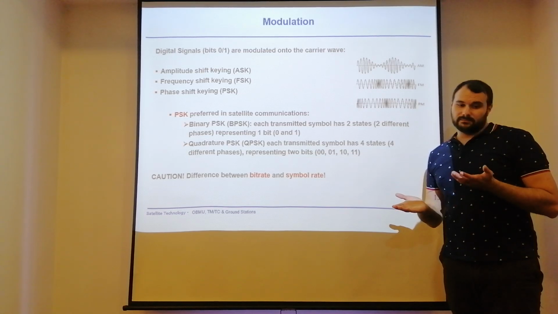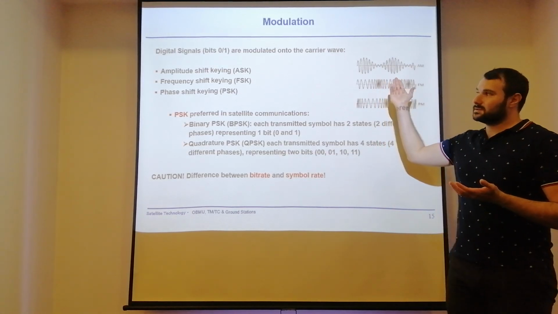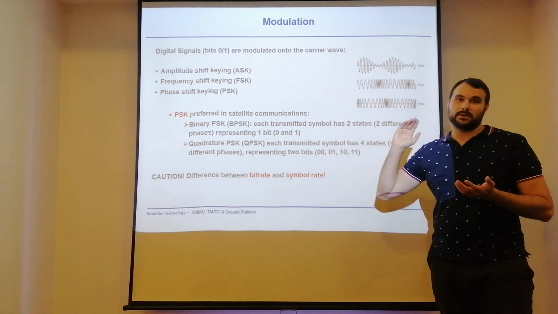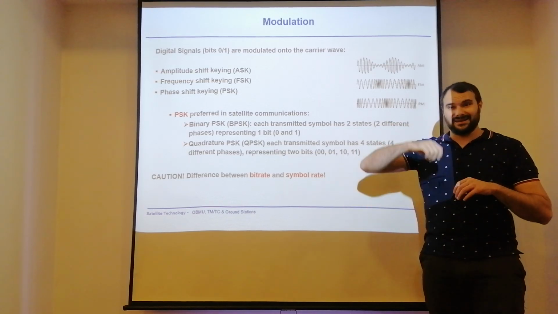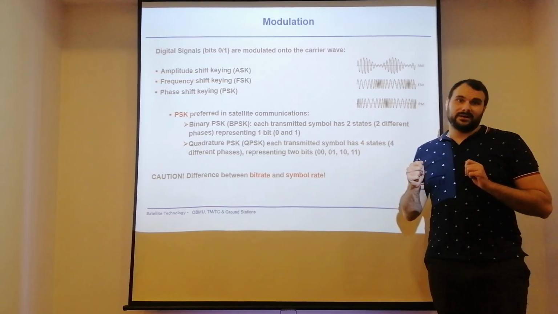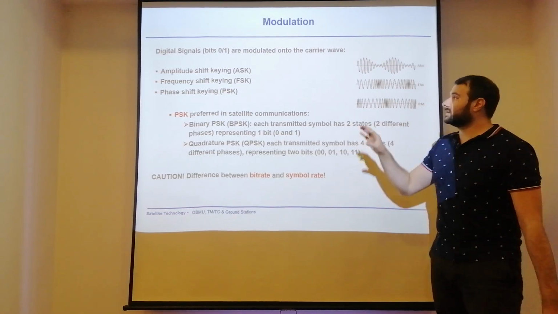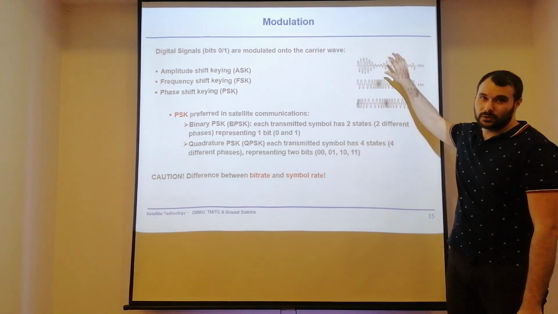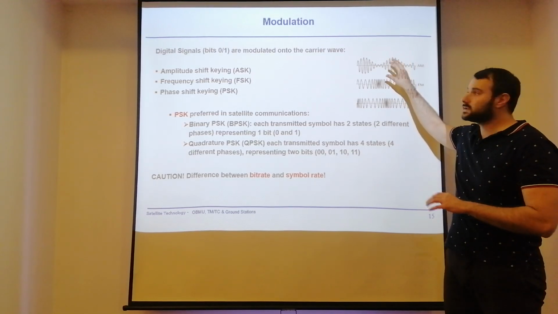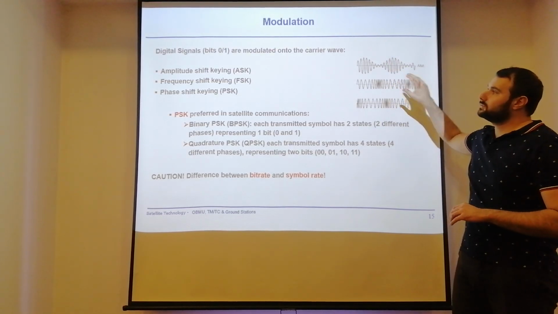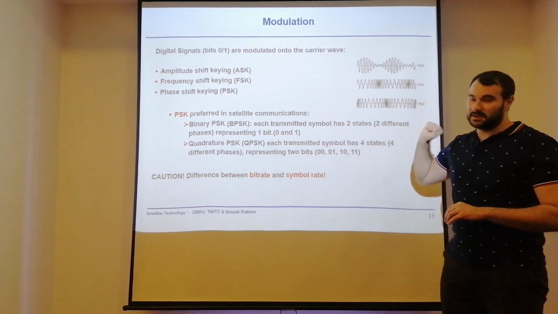The problem is, amplitude shift keying is not really commonly used for satellites because you have changing conditions, and the level of the signal might change due to other effects. That's why it's a little bit too prone to failures and issues, and that's why you might want to look into frequency shift key and phase shift key.